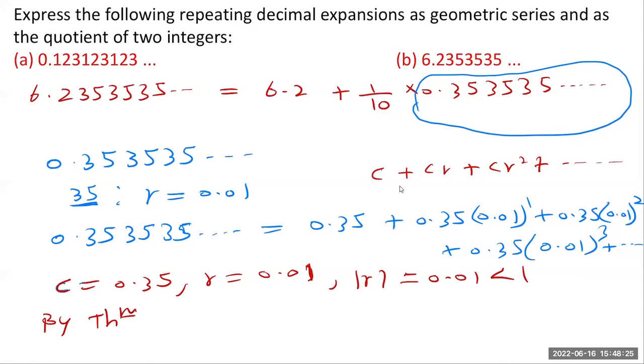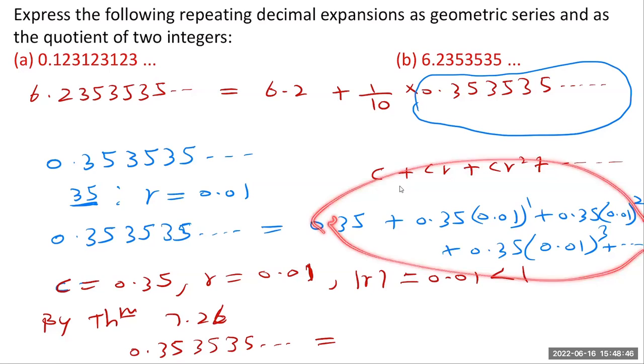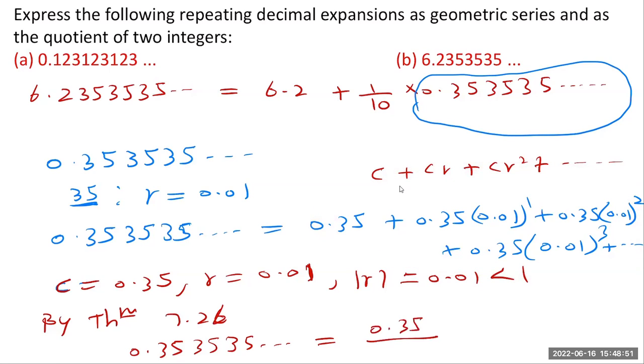By theorem 7.26, 0.3535 dot dot dot should be equal to C over 1 minus R. This converges to C over 1 minus R. That means the summation is equal to 0.35 divided by 1 minus R, and 1 minus R means 1 minus 0.01.